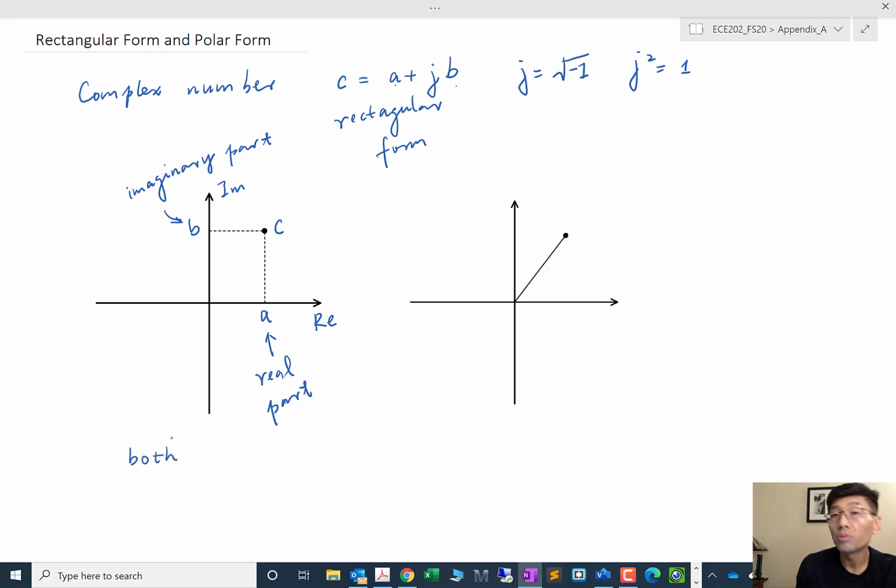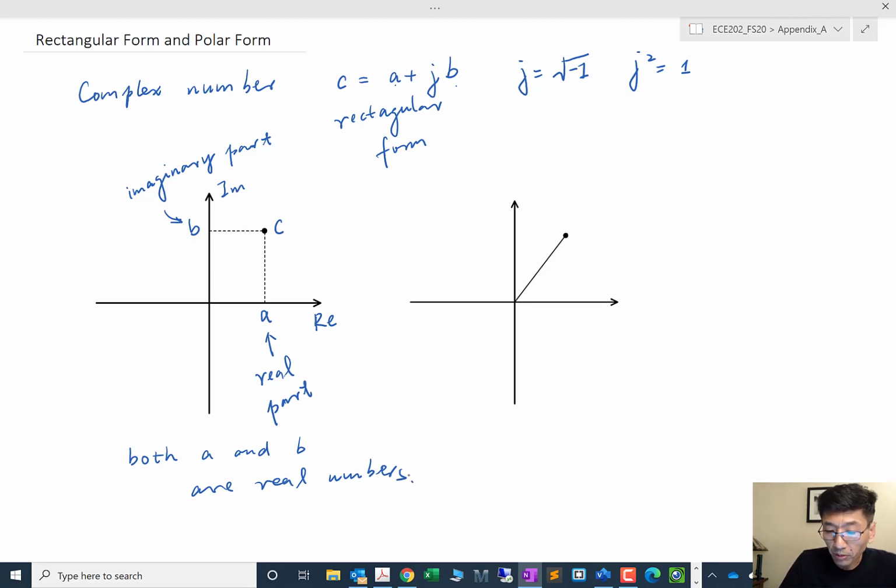So we use two real numbers, a pair, to represent a single complex number, to represent a single point on the complex plane. So this is one way to represent this number.